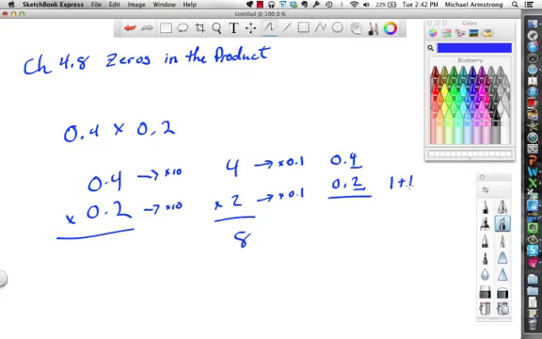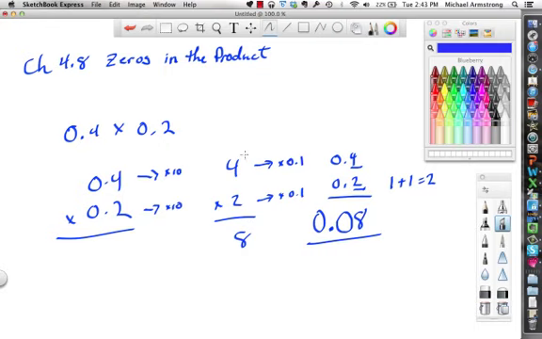So 1 plus 1 equals 2 decimal places. So you're going to put 2 decimal places in, but if you only have an 8, that means that you have to add a 0 so that you can put in 1, 2 decimal places and then throw your 0 in here at the end. So 4/10 times 2/10 is actually 8/100.